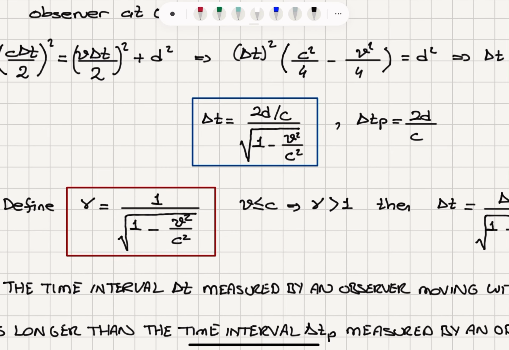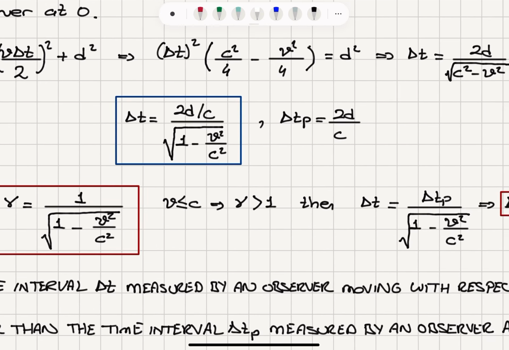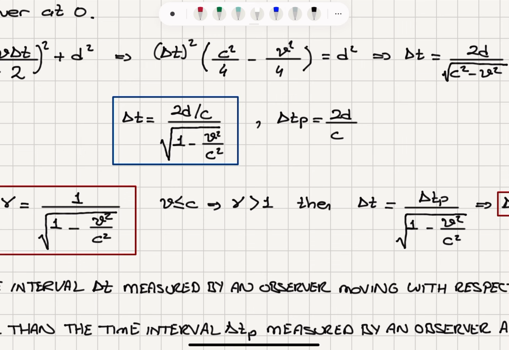We call that gamma, 1 over the square root of 1 minus v squared over c squared. So v is less than or equal to c, and therefore we see that this gamma correction factor is greater than or equal to 1. For v equal to 0, it will be equal to 1.